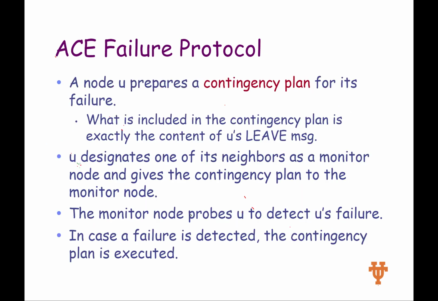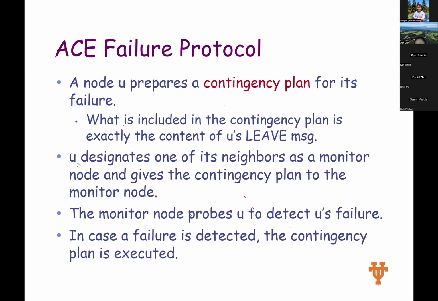Okay, there's another condition, which is what if U fails in the network, for example, by power outage? Okay, so U cannot tell others about its DT neighbors. In this case, U will prepare a contingency plan for its failure, which includes its neighbors.